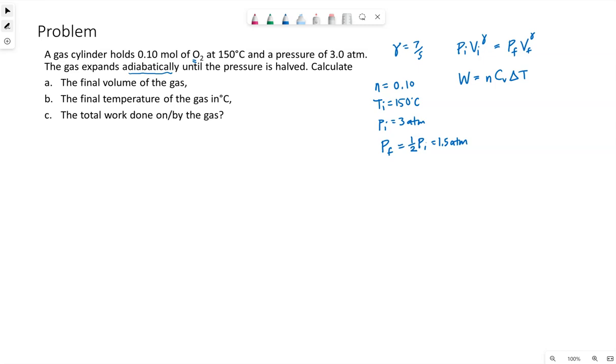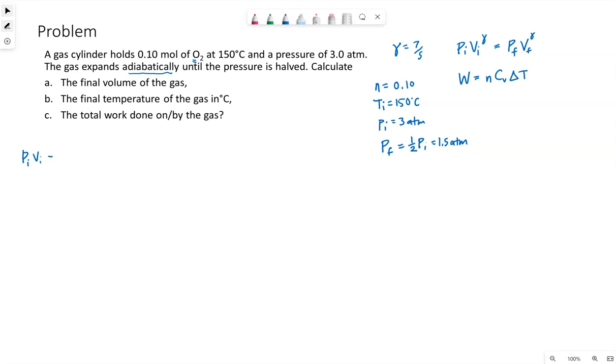All right, we want to find the final volume of the gas first. We have initial pressure, final pressure, but no volume. But I do know the number of moles and I know the temperature. So if I want to find volume, and I have a pressure, temperature, and number of moles, the ideal gas law sounds like it might be helpful.